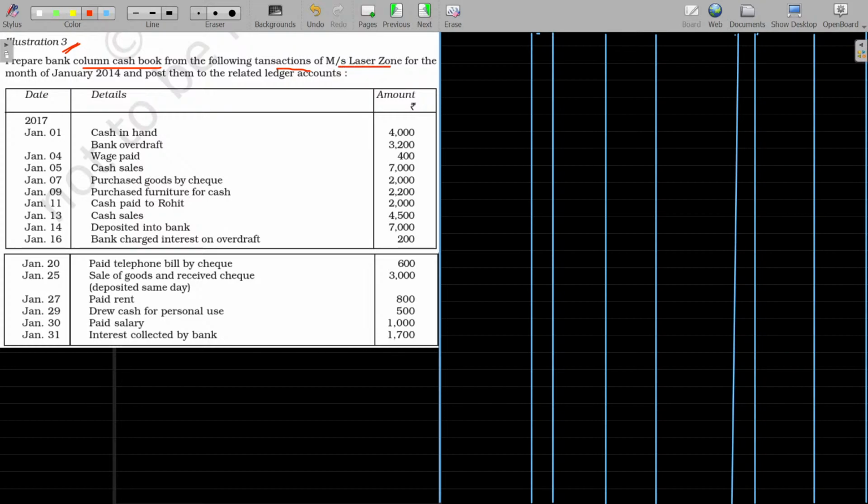In the books of Laser Zone, cash book, this will be the ledger folio. First one is cash and second one is bank. Can I interchangeably use it, sir? Yeah, of course you can use it, no problem. Ledger folio and cash and bank column.